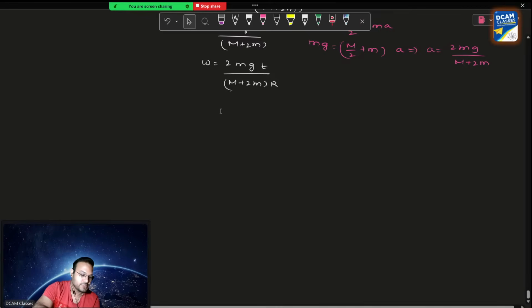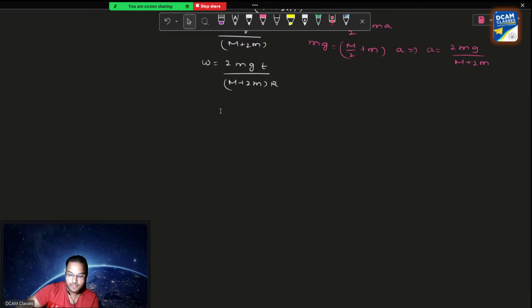Achha, do you want me to give similar one more question? Then I'll move on to the next concept. Try solving this one. This one is with number values.